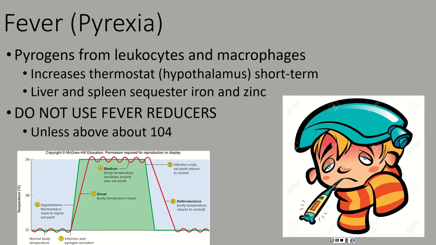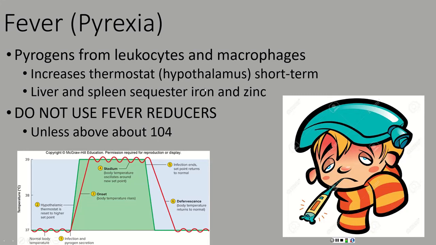Iron and zinc are needed by the bacteria to make more bacteria. So if our body temperature is raised, well, the bacteria don't like it anymore. First, they can't reproduce, and second, they start to die off because the temperature is too high.